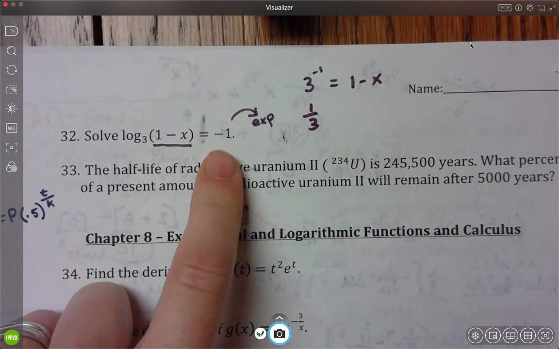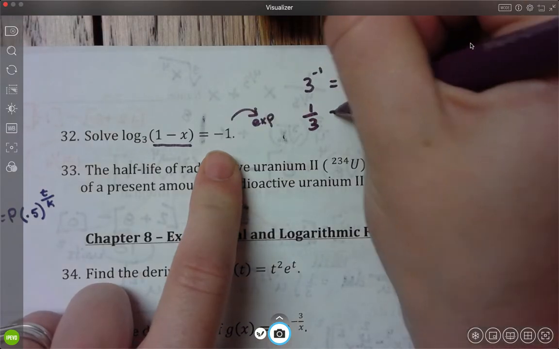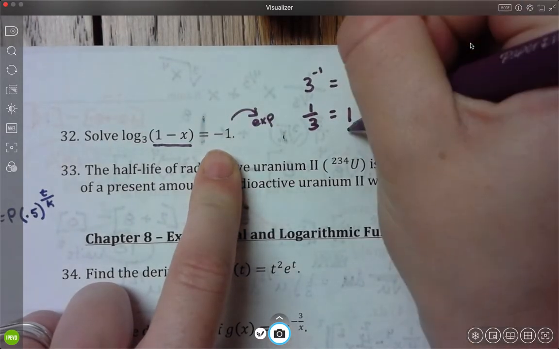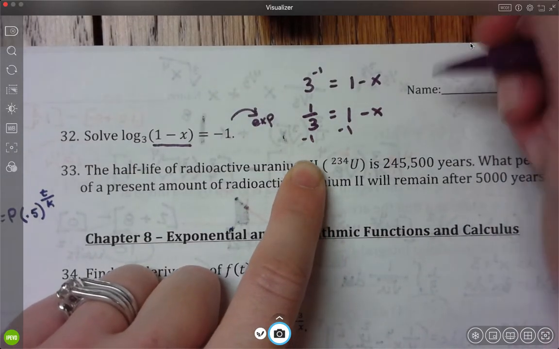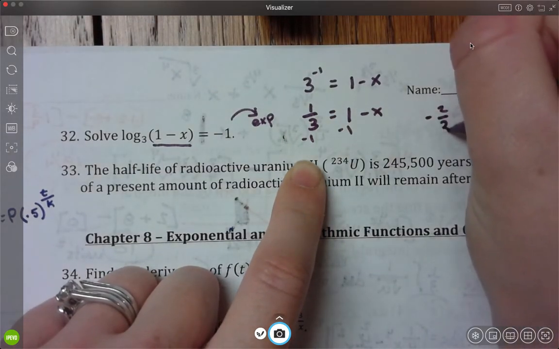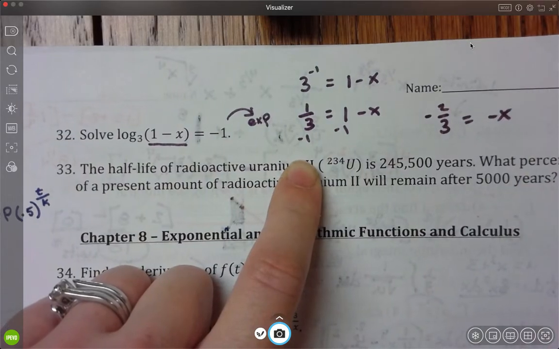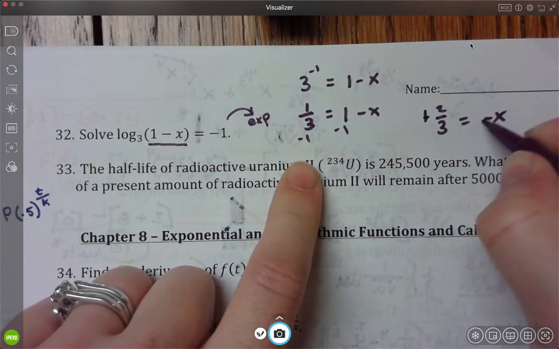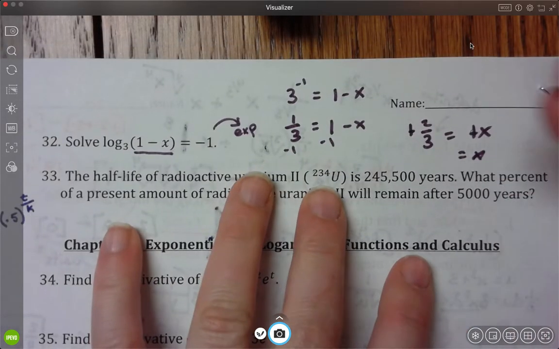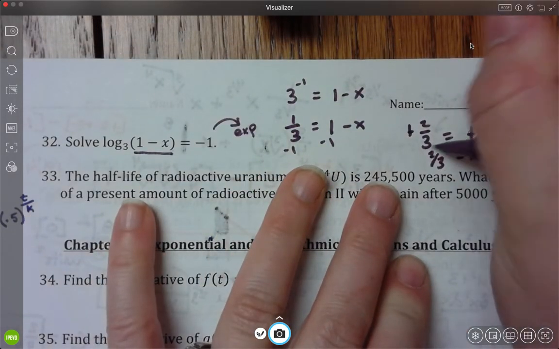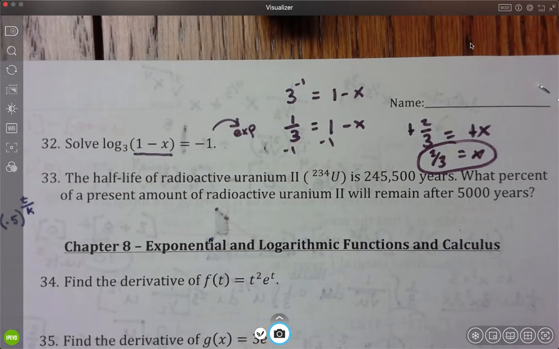That negative exponent makes them a fraction. So I have 1 minus x, and then I'm going to subtract 1 from both sides. So 1/3 minus 1 is going to give me a negative 2/3 equals negative x. And then if I just flip the signs, or divide by a negative, I guess, x will be positive 2/3, and that's what it will look like. Okay, so pretty easy for that one.